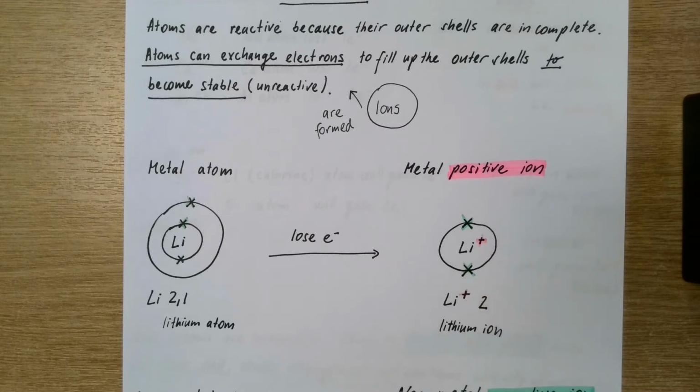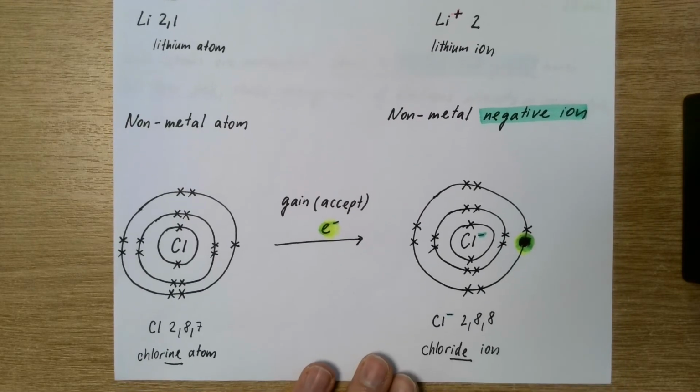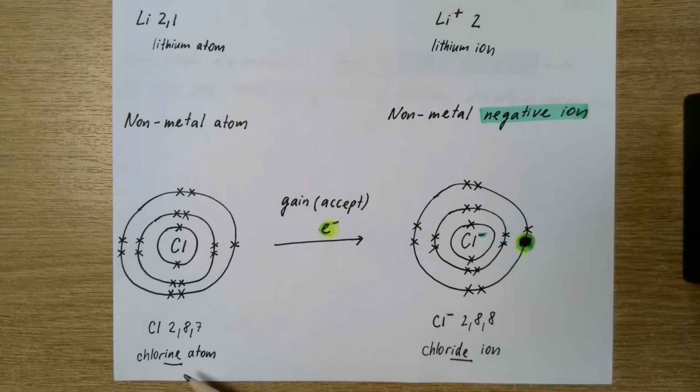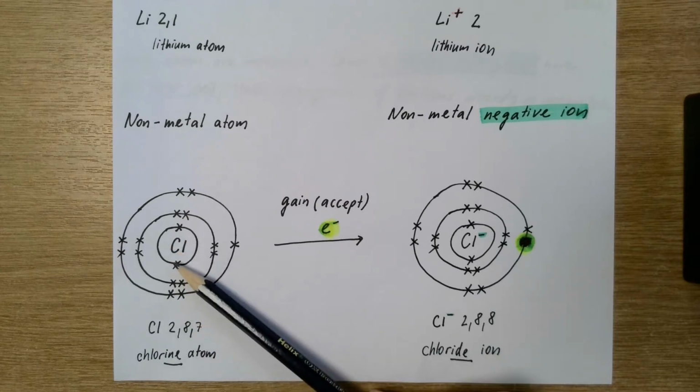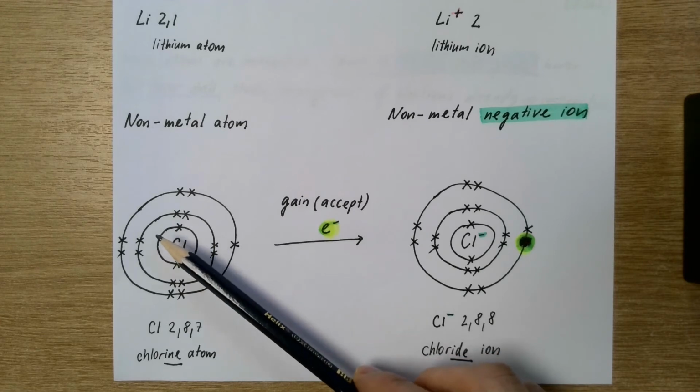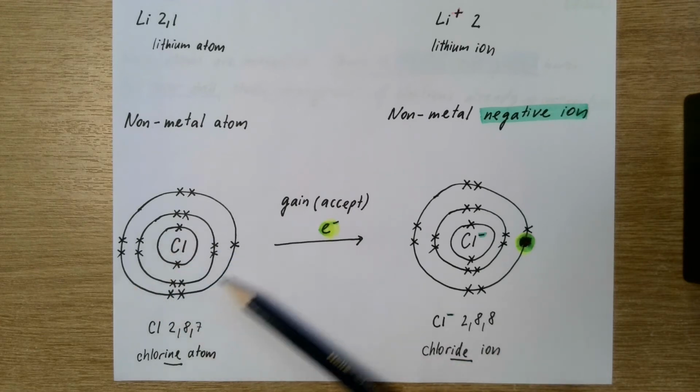Now let's have a look at what's happening with the non-metals. Non-metal atoms, for example this chlorine atom, would like to gain an electron to become stable. Let's have a look at its electronic structure. We've got 2 electrons on the first shell, 8 electrons on the second shell, and 7 electrons on the outer shell.